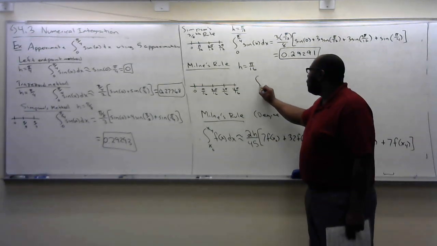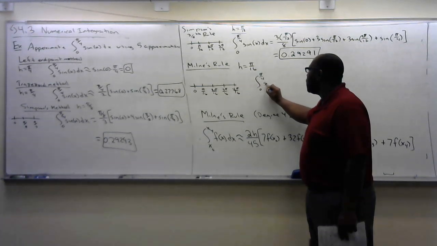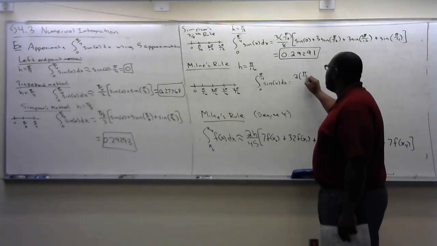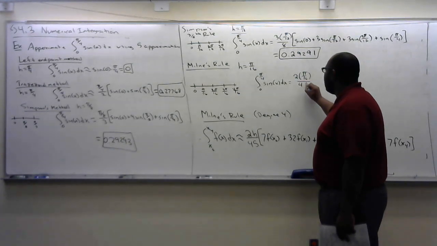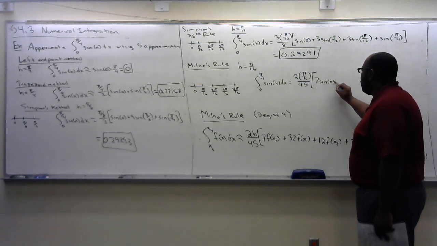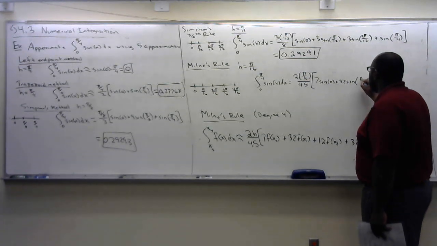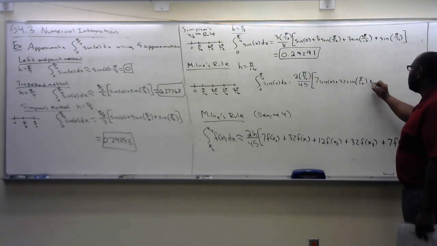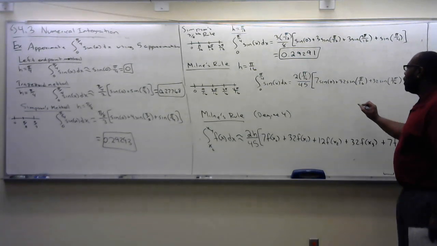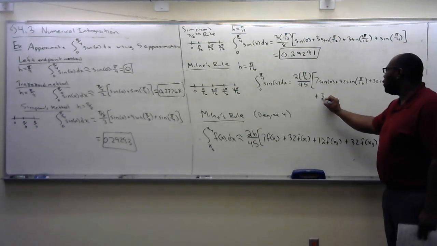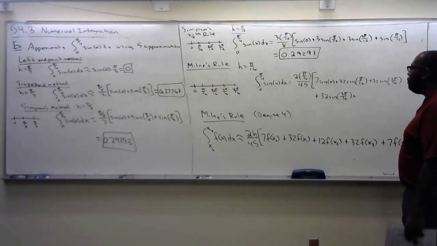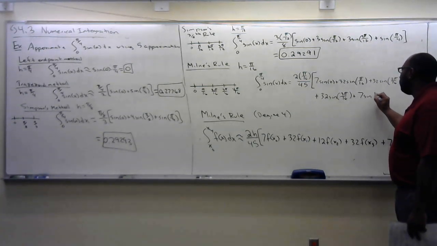So if we were to integrate this from 0 to pi over 4 of sine of x dx, this is going to become 2 times pi over 16 divided by 45 times 7 sine 0 plus 32 sine of pi over 16 plus 12 sine of 2 pi over 16, or pi over 8, plus 32 sine of 3 pi over 16, plus 7 sine of pi over 4.